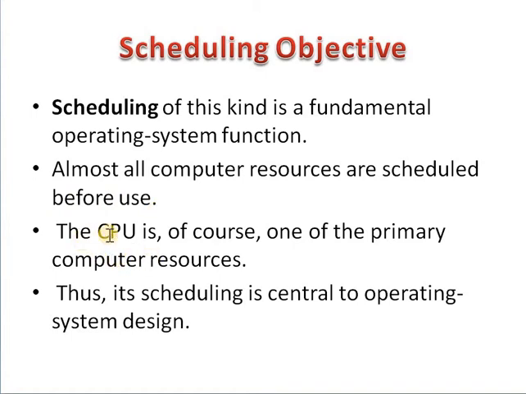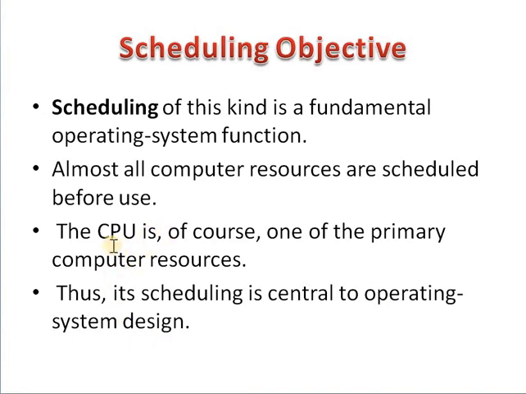So, the CPU is one of the resources of a computer system. The CPU is one of the important or primary resources of a computer system. So, for that resource we want to do the scheduling. Thus, its scheduling is central to the operating system design.